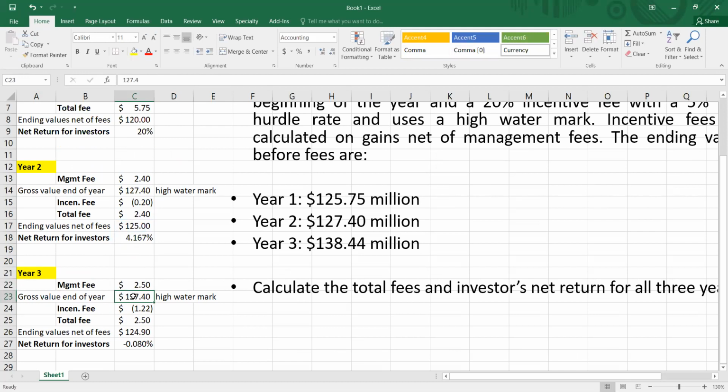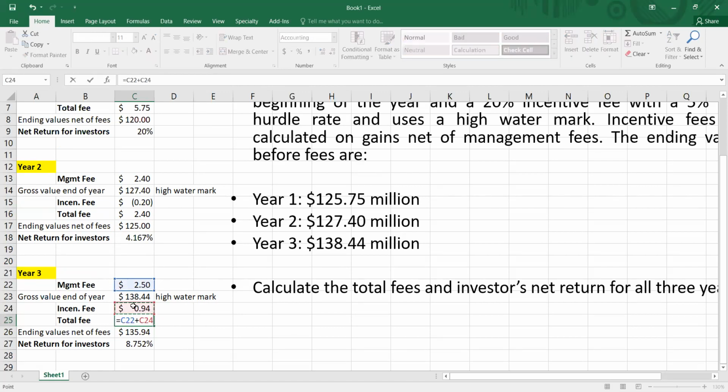Then my gross value for the end of the year will be 138.44 million. And let me check whether everything is taken into consideration correctly. Like 138 minus 125 minus management fee, is there any mistake? Can you see? Yes. We need to multiply by 125. Okay. And my total fee then.